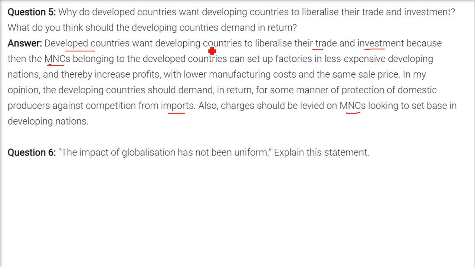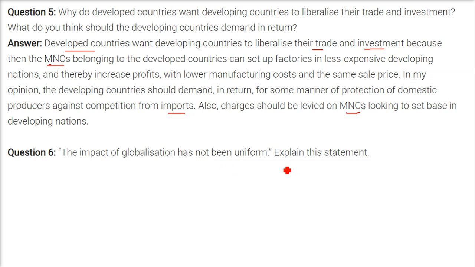That is, they should also liberalize trade and investment, because the way they want developing countries to liberalize, developed countries should also liberalize, so that the people or manufacturers from developing countries can go to the developed country and do their work, or produce, or invest.